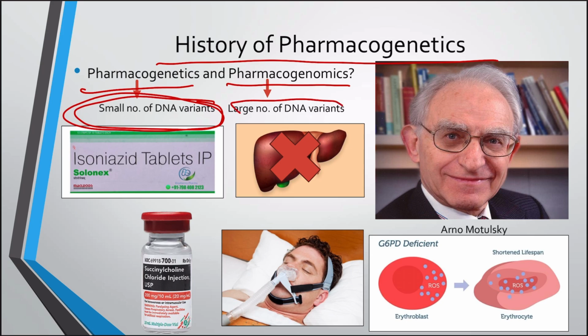So basically in pharmacogenetics we study a small number of DNA variants, whereas in pharmacogenomics we study a large number of DNA variants and how they affect the pharmacological effect of a particular drug. We have several examples where a particular drug shows different effects in different individuals.